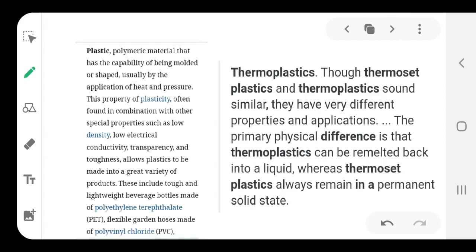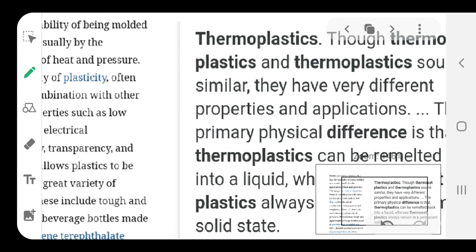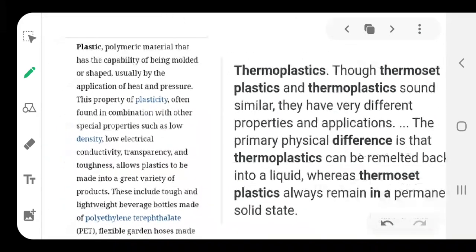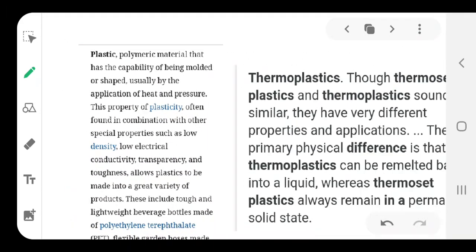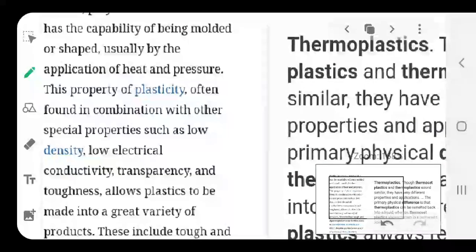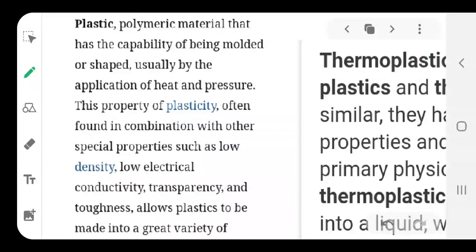Now let us see about the two terms that we have just told you. Sometimes we ask you why plastics are called plastics. They are called plastics because they have a capability to be molded and shaped again. When we heat them, we can mold them into various shapes, and again we can heat and remold them on the application of heat and pressure.